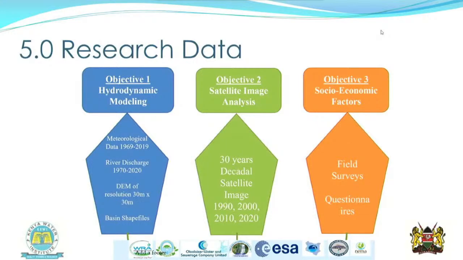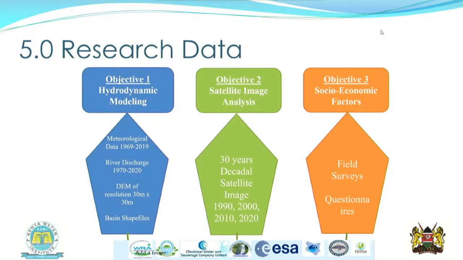So the research data in this case shall include the following for the three objectives. Number one, we shall have hydrodynamic modeling, which will include meteorological data, and this data will run from 1969 to 2019, and that will include rainfall and temperature.